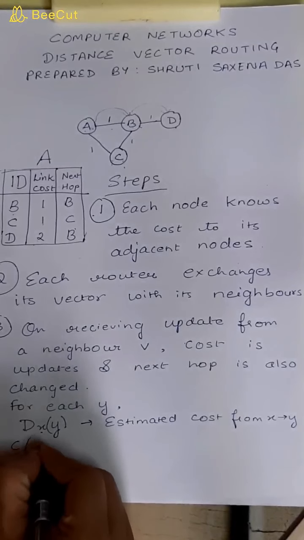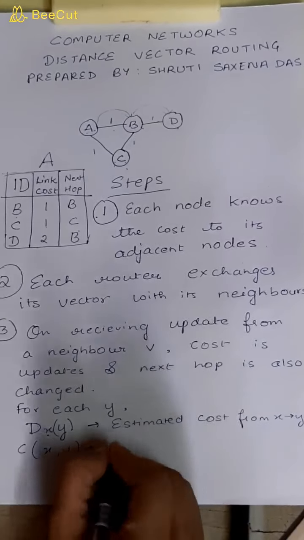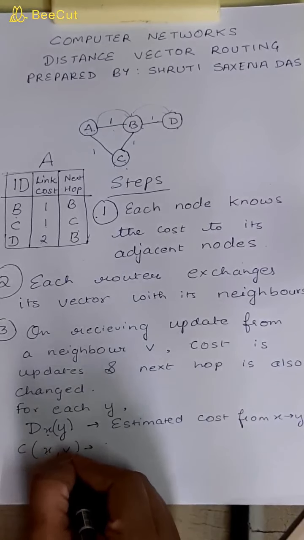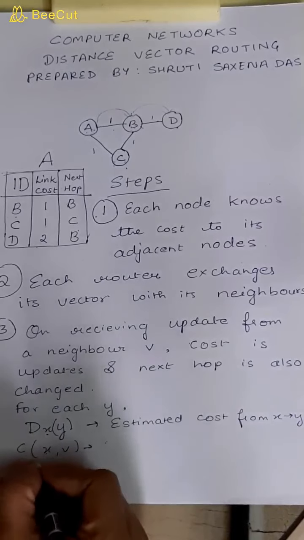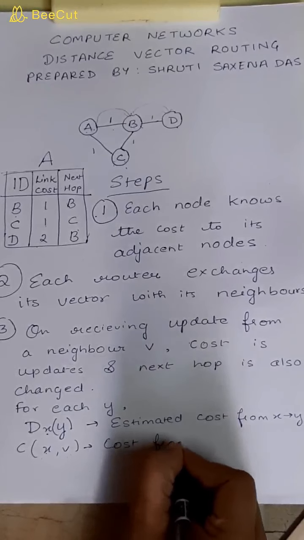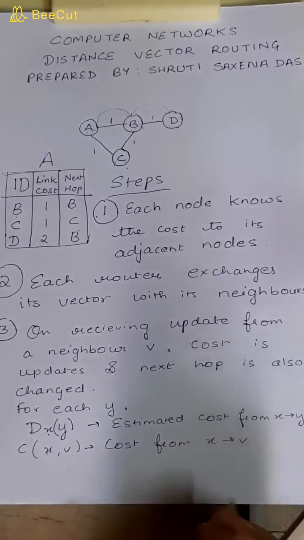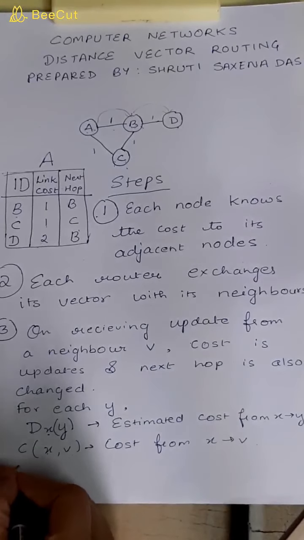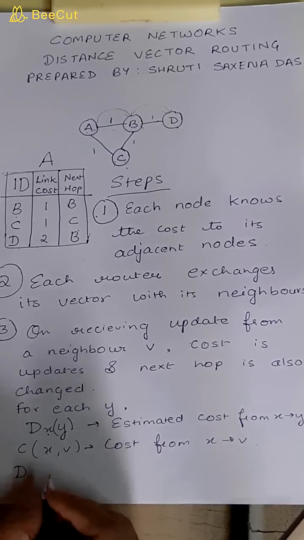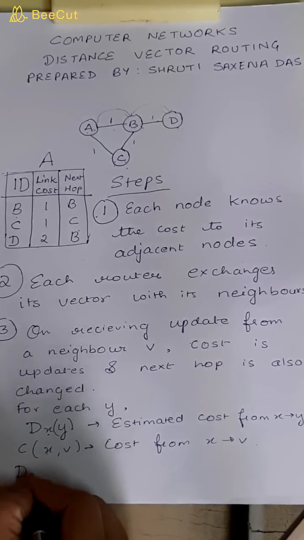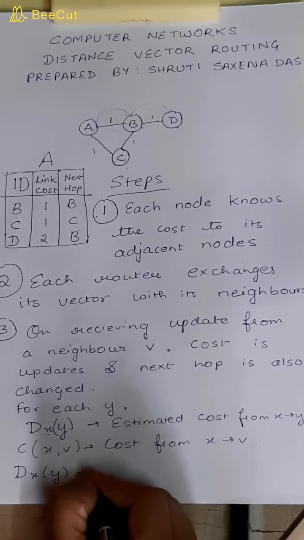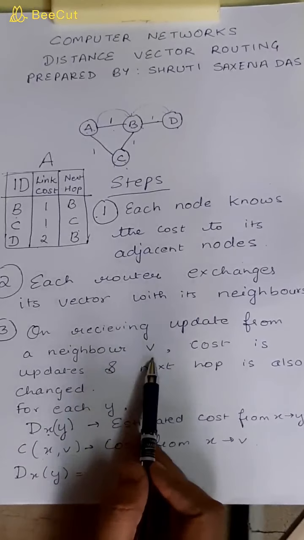Then if we are writing c(x,v), then here node x knows the cost to each neighbor v. So this is the cost from x to v. And for each y, what we have to do is take the estimated cost from x to y, and we have received a table from a neighbor v.